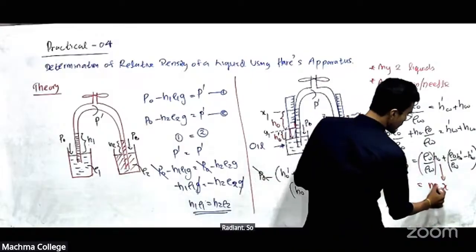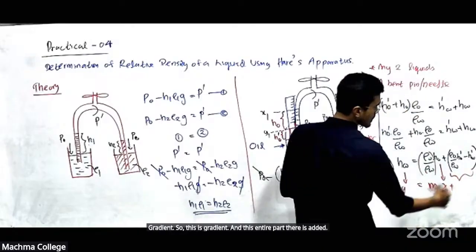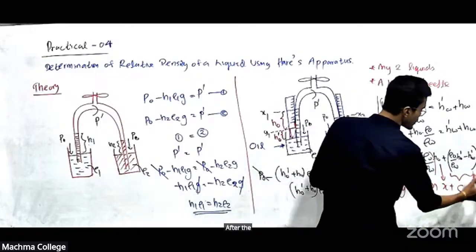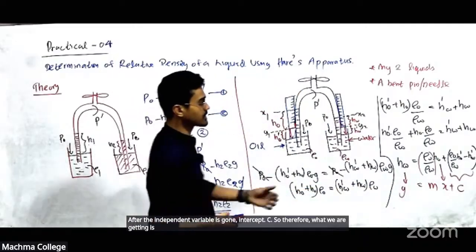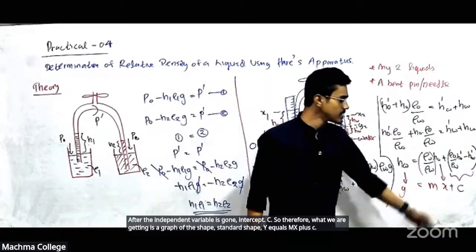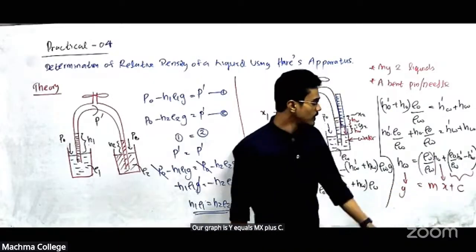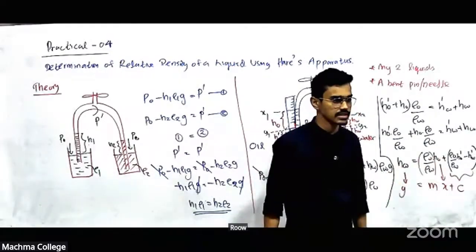This entire part that is added after the independent variable is called the intercept, C. So what we are getting is a graph of the standard shape, y equals mx plus c. From this you can see the gradient is again rho over rho W, that is the relative density.